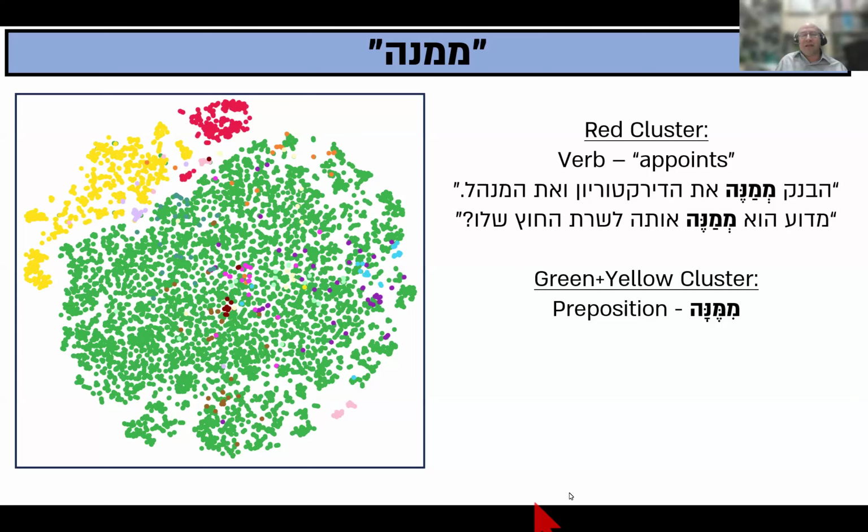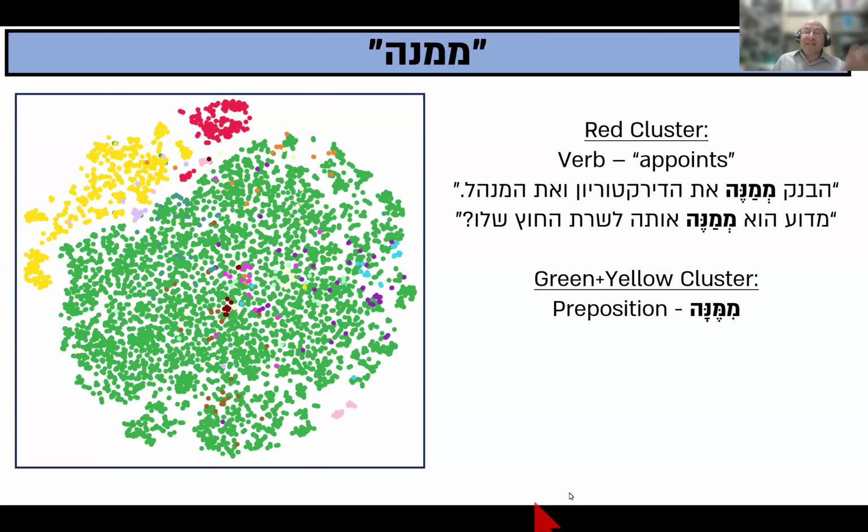So this is also part of the miracle of BERT: if we were to take a large corpus and say we want to find all the instances of mimaneh as a verb, it would be extraordinarily difficult. That would be one of those needle-in-a-haystack cases where we would have to comb through thousands and thousands of examples just to find a few actual results, if we were searching just for that string of mem, mem, nun, hey.